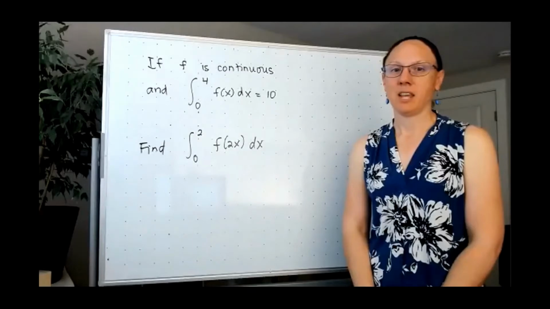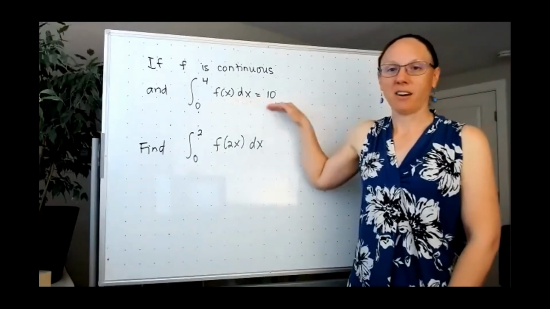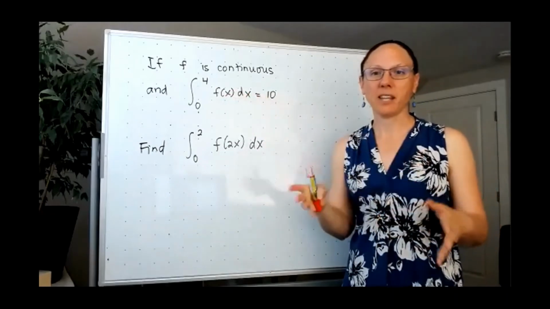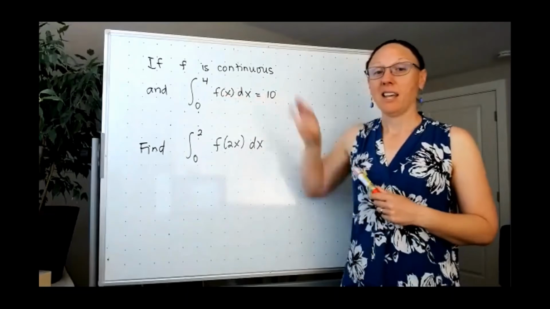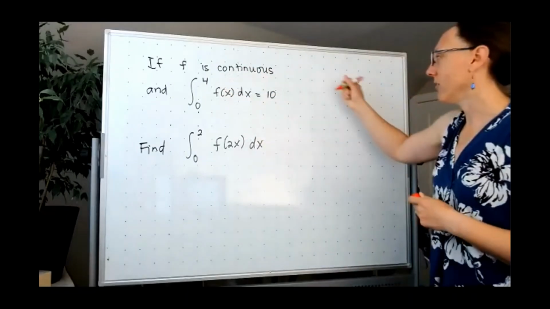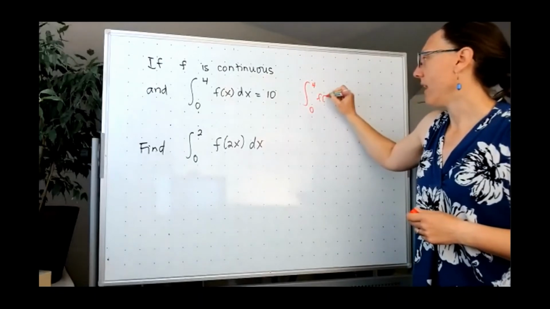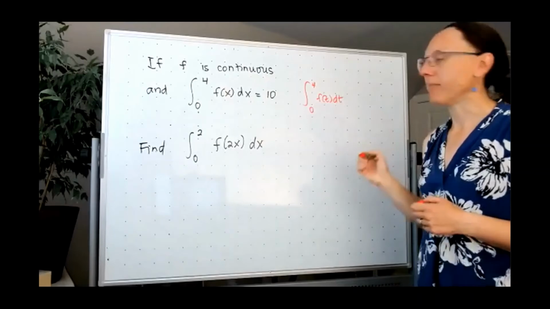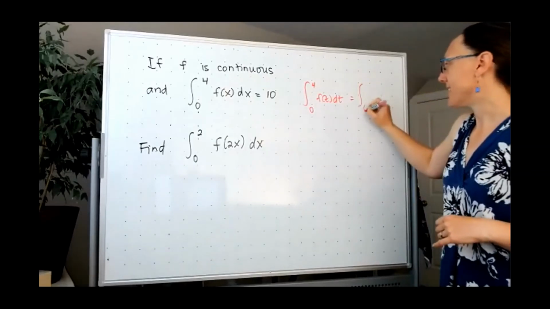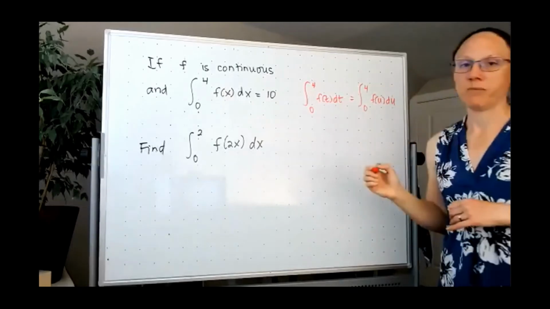Well, the choice of the letter x here is completely arbitrary. This integral would be exactly the same integral if I chose to write 0 to 4 of f of t dt, or 0 to 4 of f of u du.